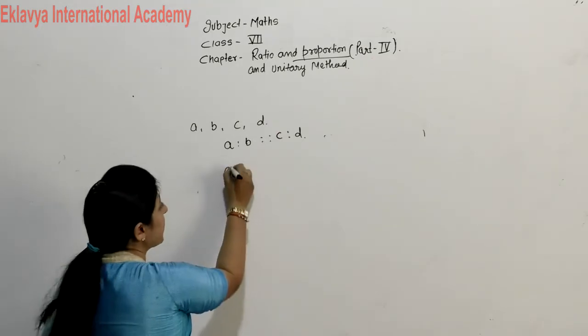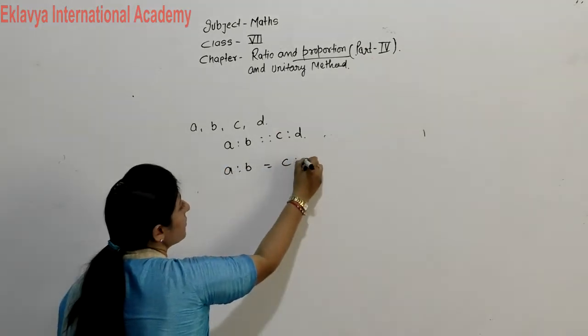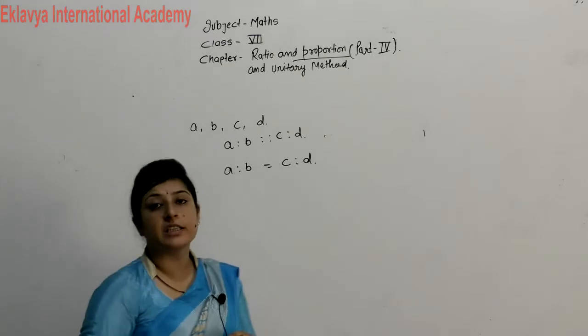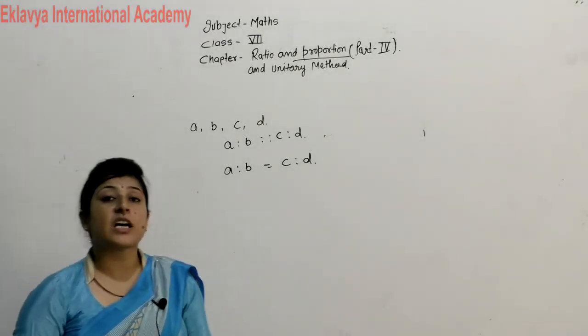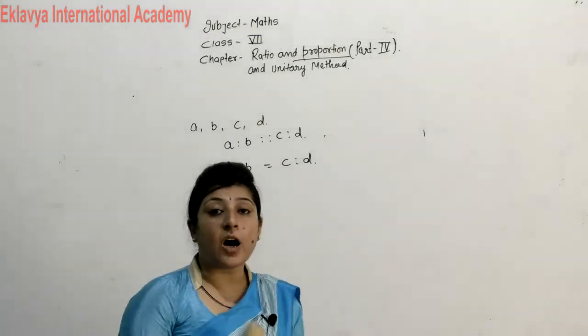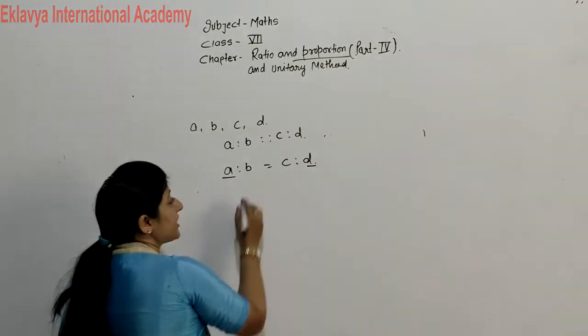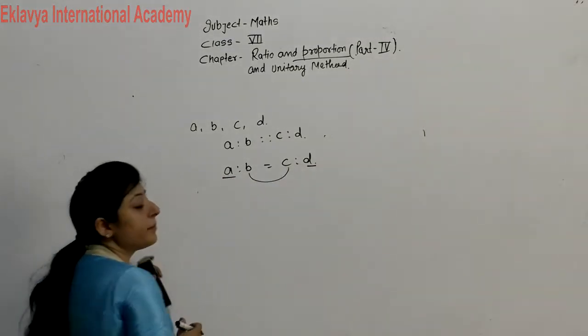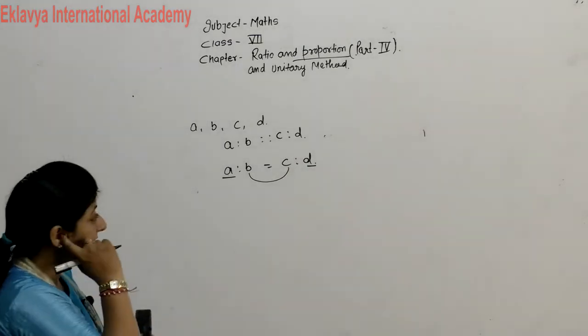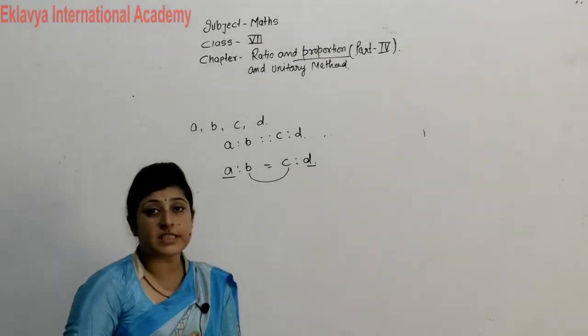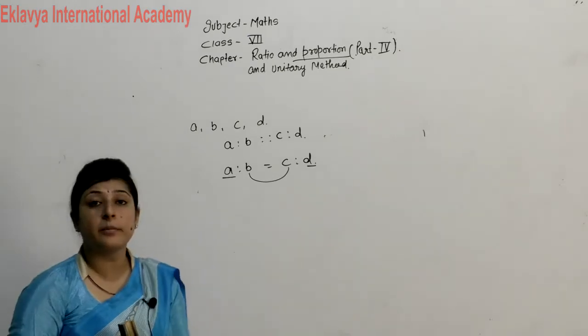It means that A:B is equal to C:D. Both ratios are equal. And how to solve it? These are called the extremes and these are called the means. A and D are called the extremes and B and C are called the means.